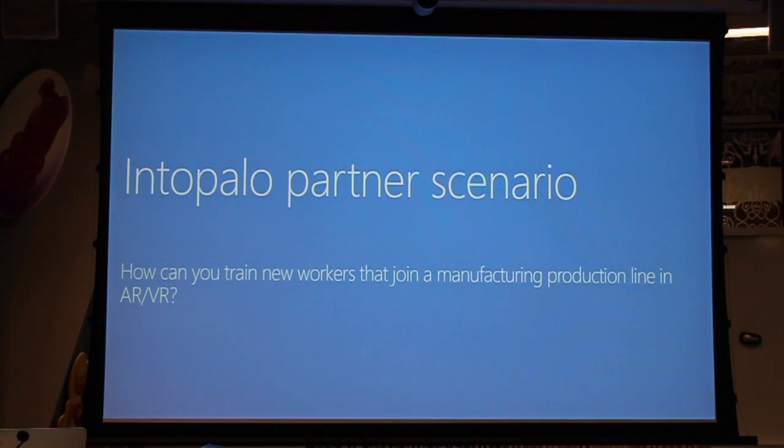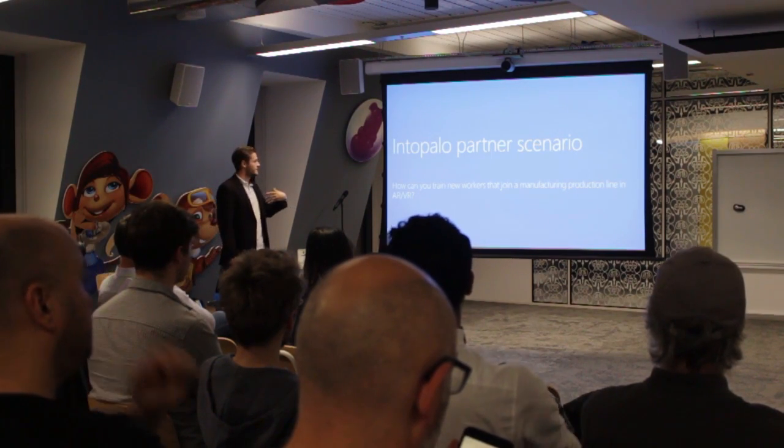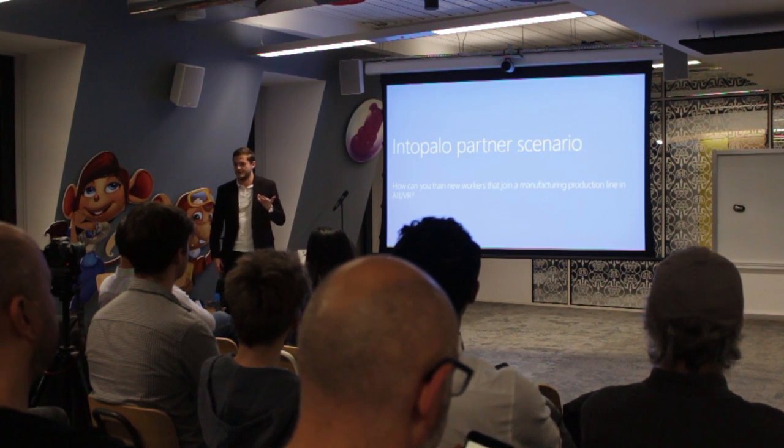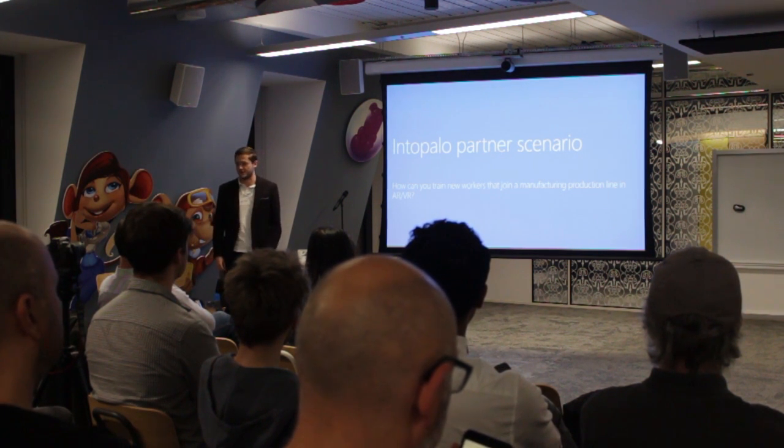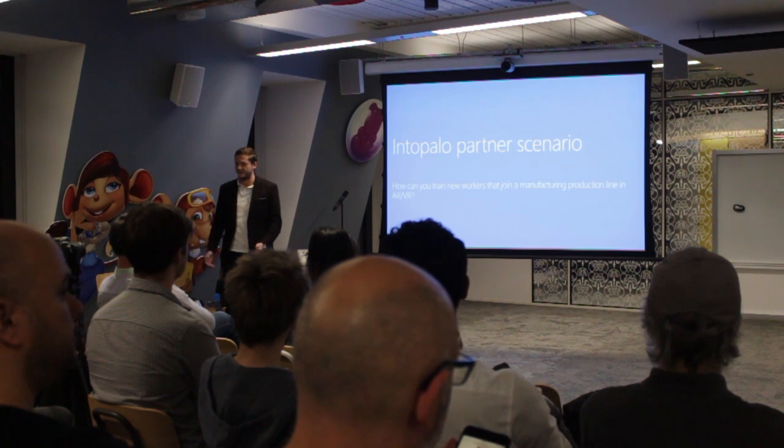So our first partner scenario that we had here in London was with Intopalo. Intopalo is a software vendor. They're based in Finland and they work a lot with manufacturing companies. So it's not really a simple scenario. You wouldn't think that manufacturing companies are interested in VR or Unity in any way.